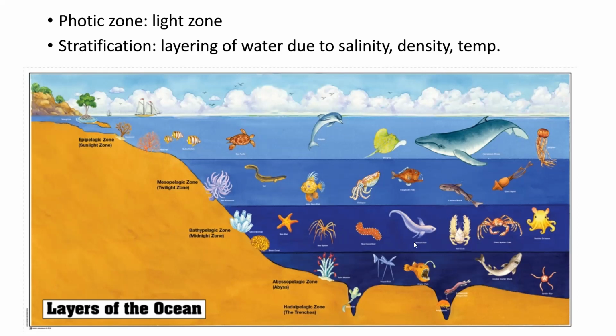It's just going to become a darker and darker environment, just because the light is going to get absorbed by that water. So we just won't have as much of it making it into the lower environments there. And then with the light, the very top layer of the ocean is known as the photic zone. So photon just refers to a light particle. So photic zone is just the light zone.